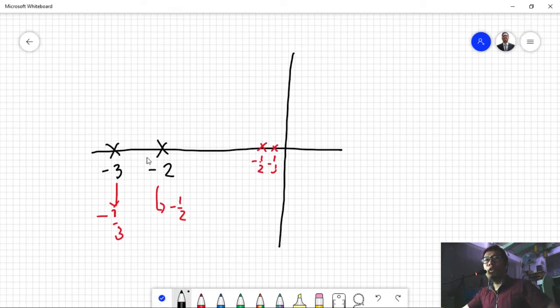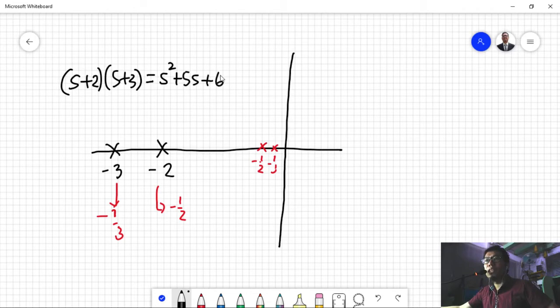If the roots of your polynomial are -3 and -2, the polynomials that would result in those roots are s plus 2 and s plus 3. Okay? So let's verify that s plus 2 and s plus 3 give rise to the roots -3 and -2. When we multiply these, this becomes s squared plus 5s plus 6.